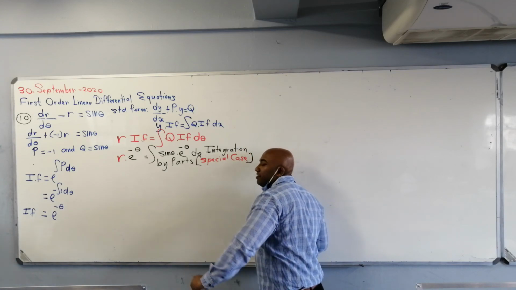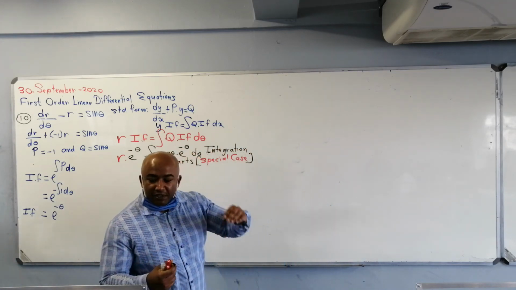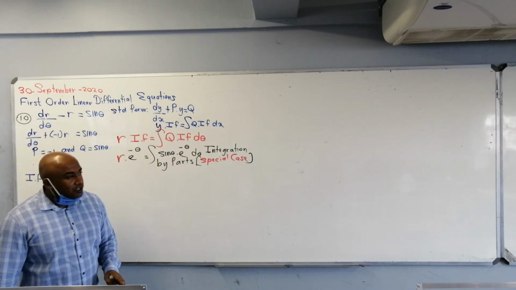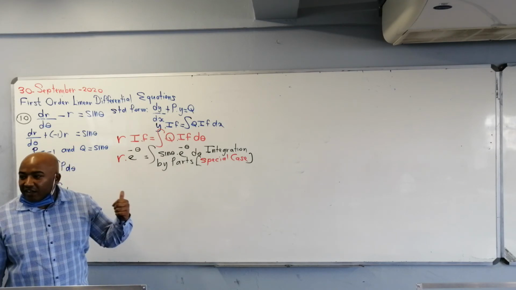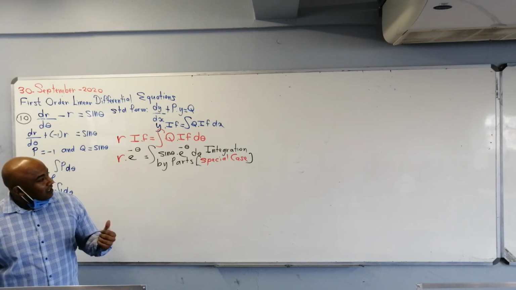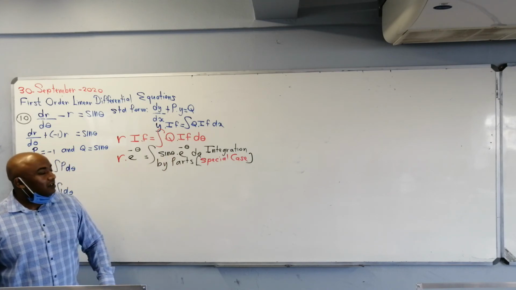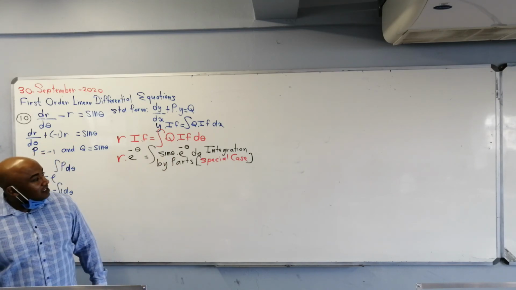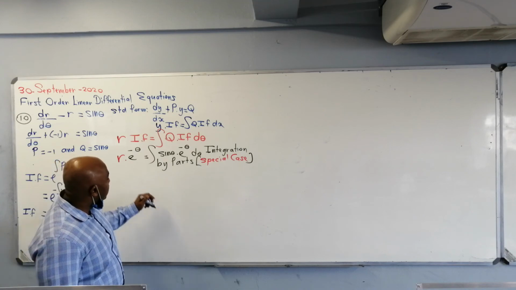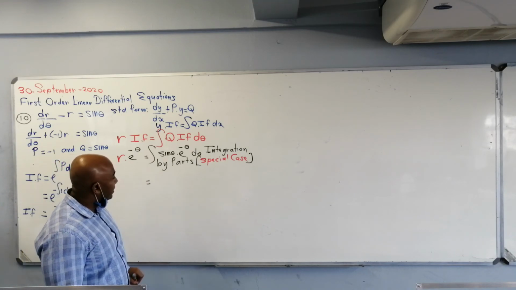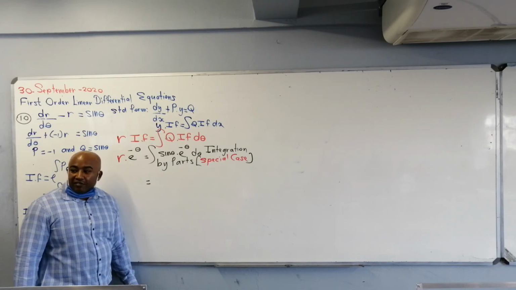So you can see the difficulty level with these types of examples is much higher than chapter 2, because you need to think every step of the way. You need to see what type this is. This is integration by parts, special case. What is the formula?